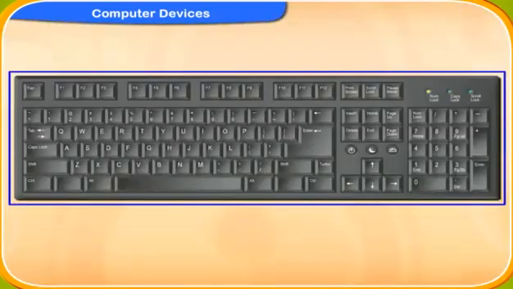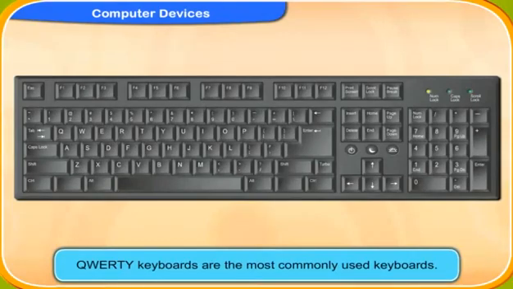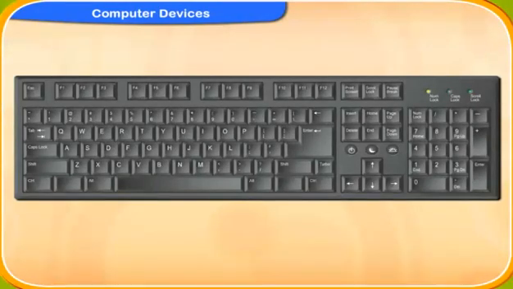This keyboard is called a QWERTY keyboard, and it is the most commonly used keyboard. Why is it called QWERTY keyboard? It is named after the first 5 letters of the top row of the alphabet keys. And these keys are Q, W, E, R, T, Y.